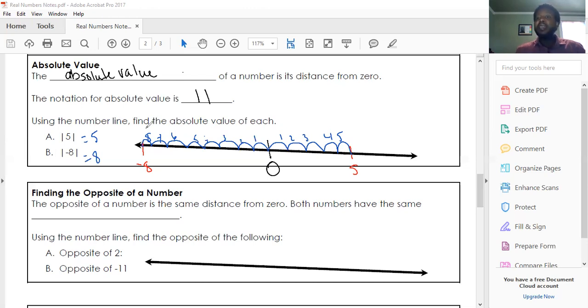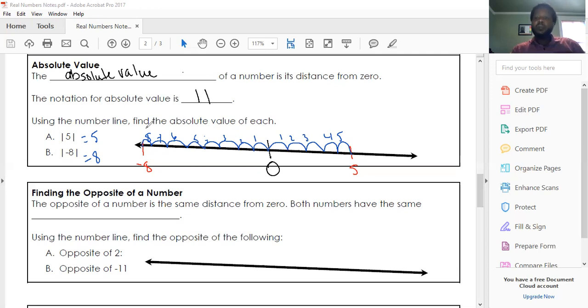If that number is a negative number, well, how many numbers are in between itself and 0? That's really all you're counting. You're not trying to figure out anything else when you're just determining the absolute value of something, okay? When we have to do math with it, we'll do more calculations, and it will be a whole separate lesson on absolute value. This is just a quick little introduction, all right?